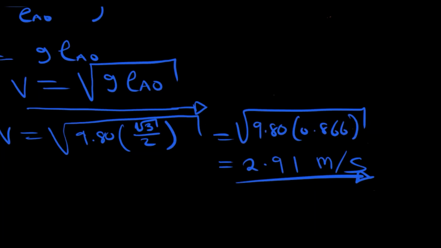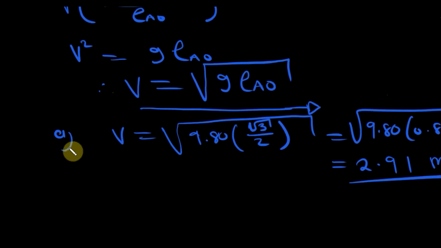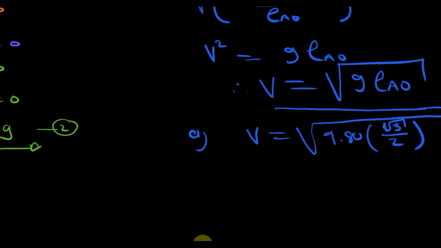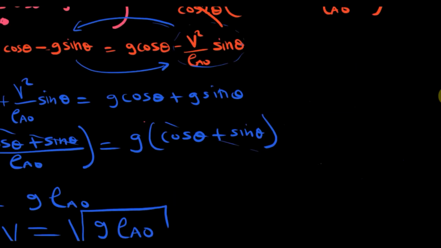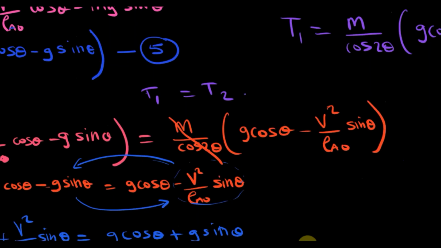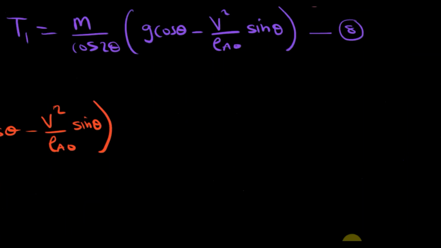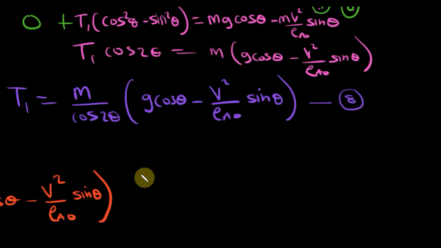Alright. If we have this, so this is the answer to question A. We can also evaluate now with this the tension in one of the wires and then just equate that to the other wires since the tensions are the same at this instance.